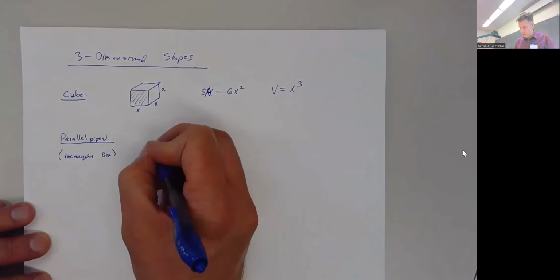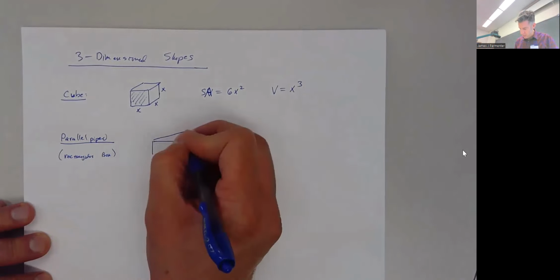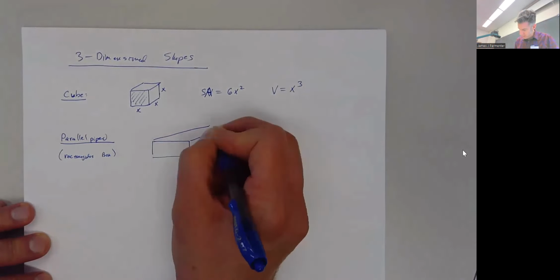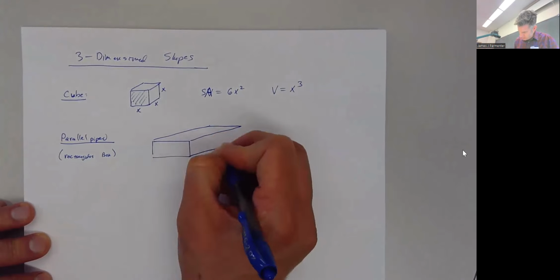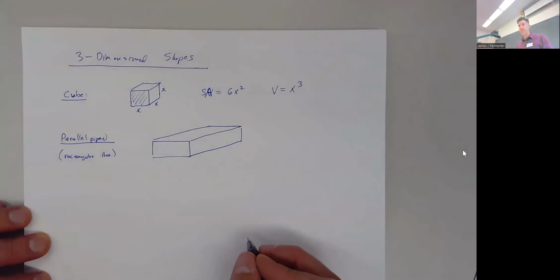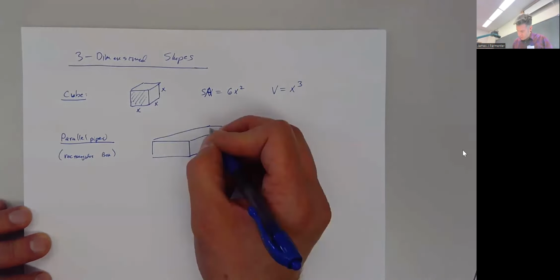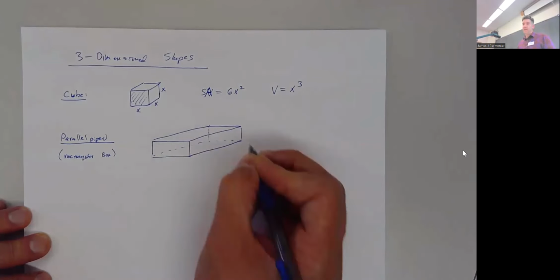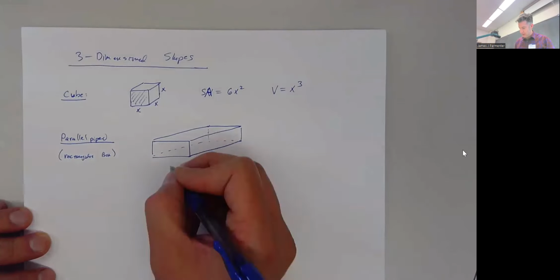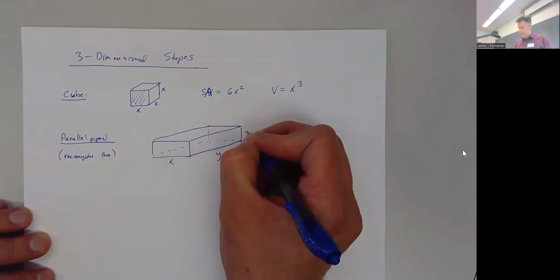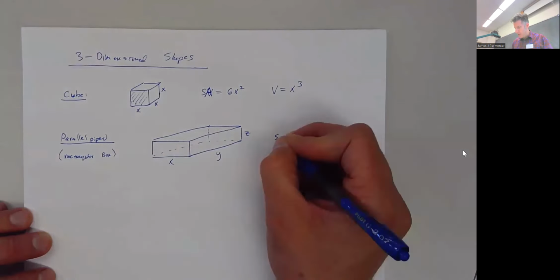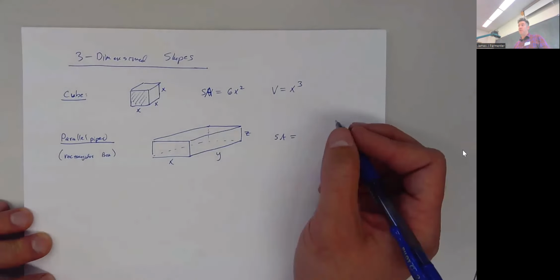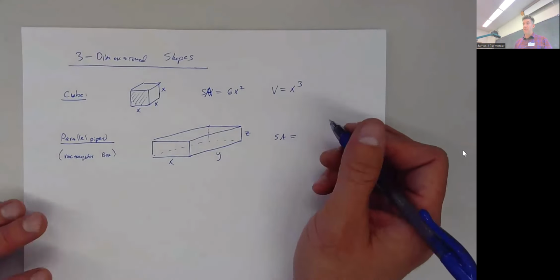So that looks something like that. You could draw on the other sides if you want. So here's where we have to give things different names. Like this side is x, this side is y, this side is z. The surface area for boxes, it's nice. The surface area is just literally the area of each side added up together.